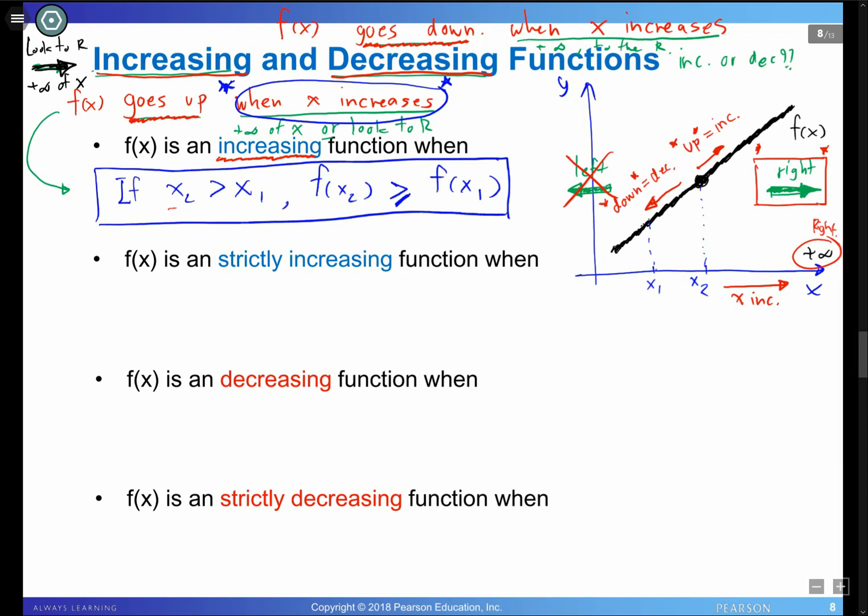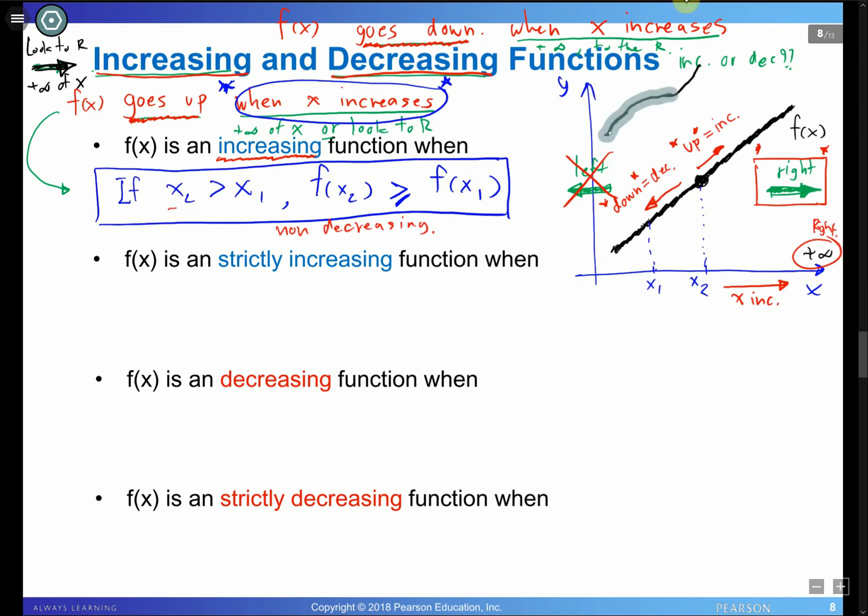Sometimes we call this non-decreasing. Because we have this equal sign right here, which means that sometimes you can go up, and at some point you can stay still and go up again.